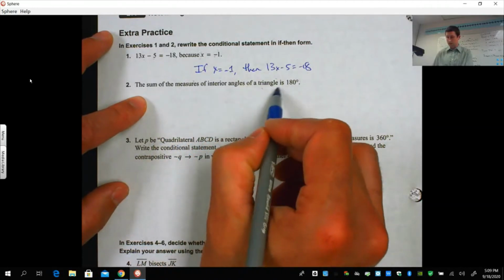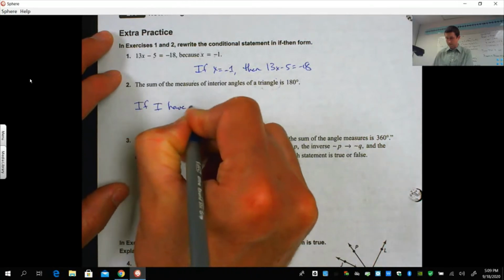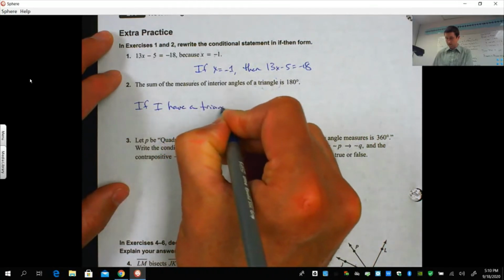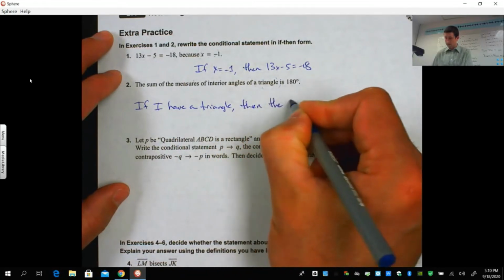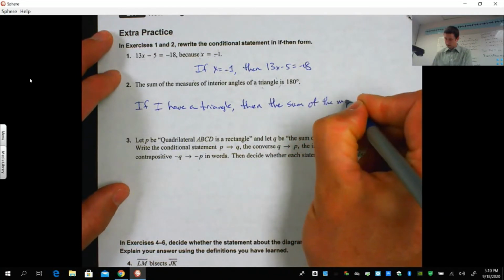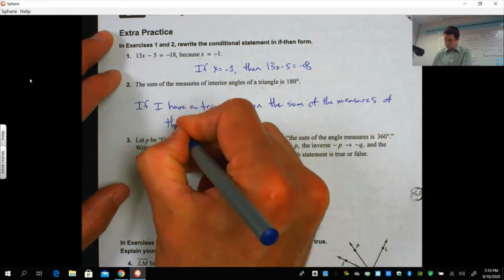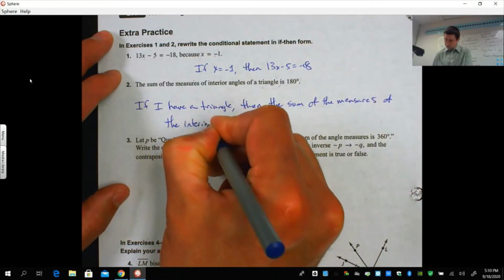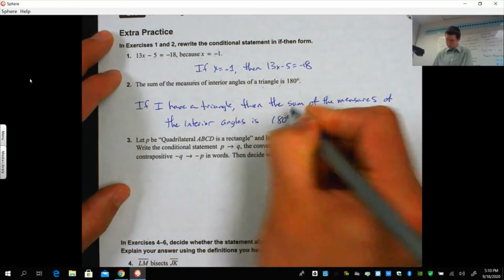So if I have a triangle, then the sum of the measures of the interior angles is 180 degrees.